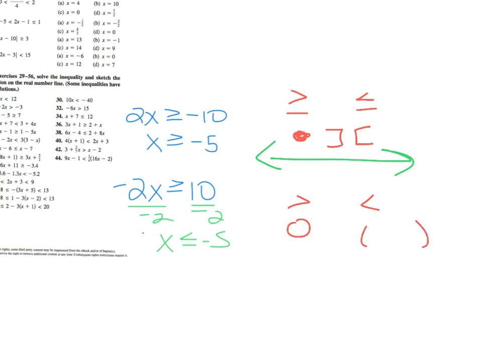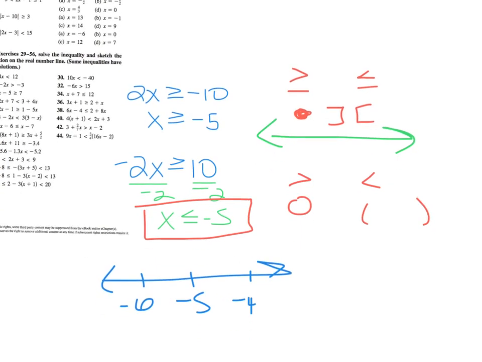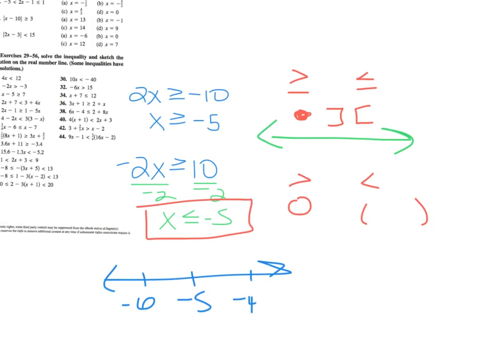So if my answer is x is less than or equal to negative 5, then on my number line I would do negative 6, negative 5, negative 4, so I know which direction my number line is going. Less than or equal to is a solid dot pointing left, or a bracket pointing left. Solid dot and bracket mean the same thing. It doesn't matter if it's greater than or equal to or just greater than, it's still going to switch direction when dividing by a negative. Correct.